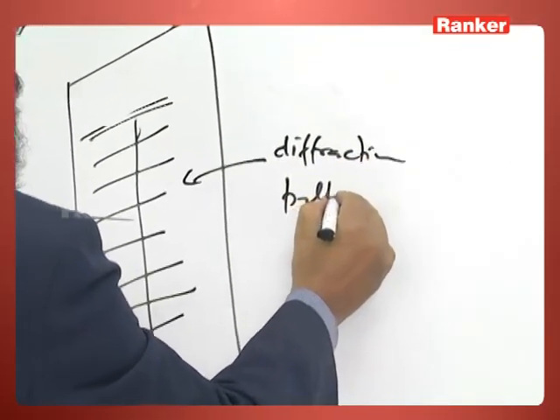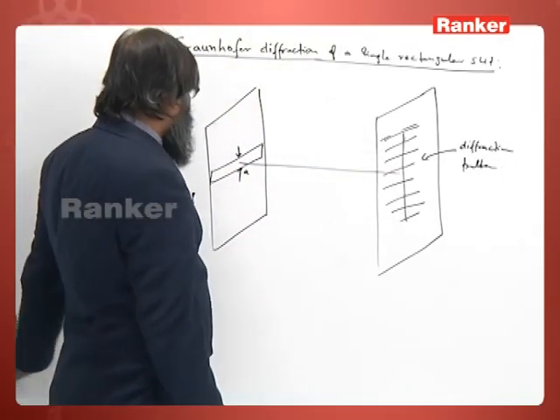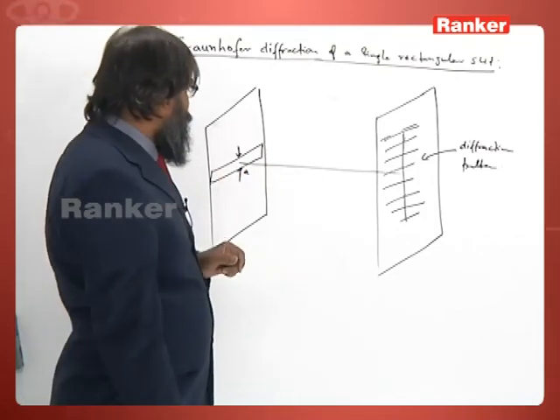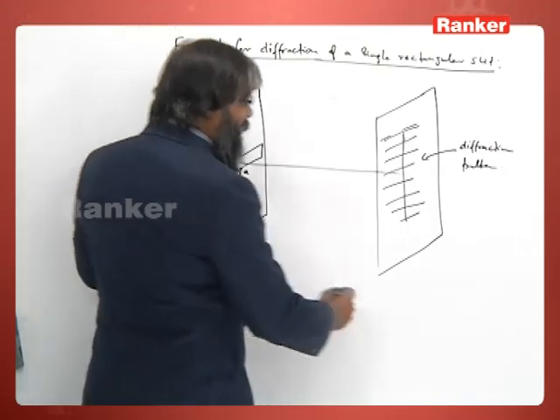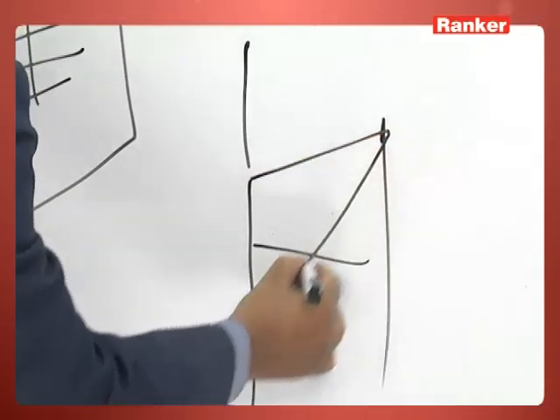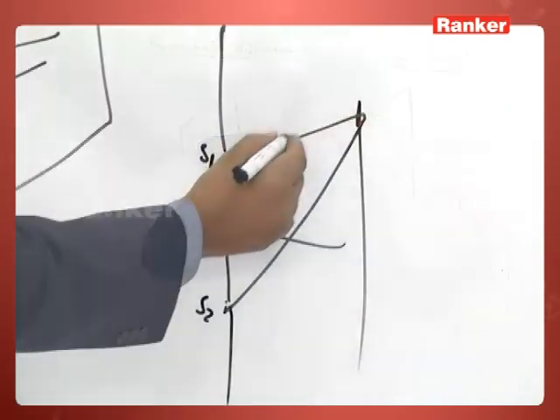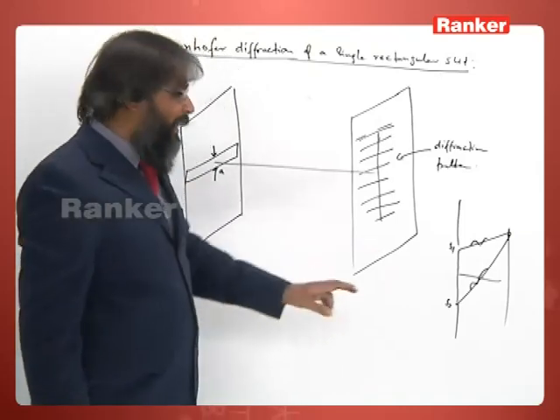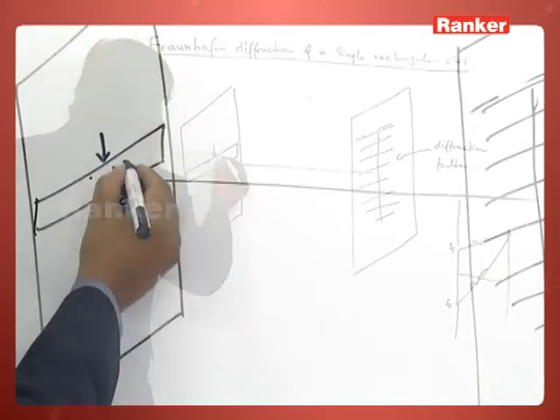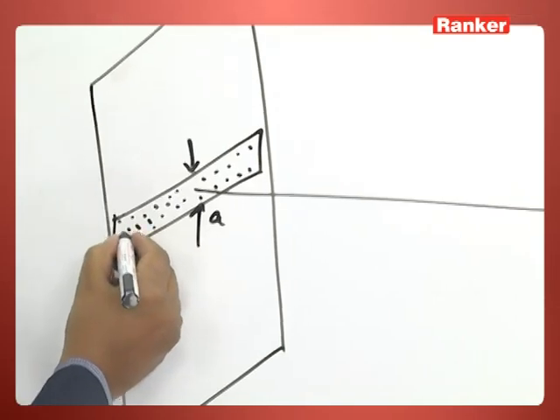Now, here we can see one essential difference in the usage of interference and diffraction. In Young's double slit experiment or any interference, we have two slits S1 and S2 and they serve as two point sources. There are only two sources, whereas in diffraction there are many sources distributed over an entire area.